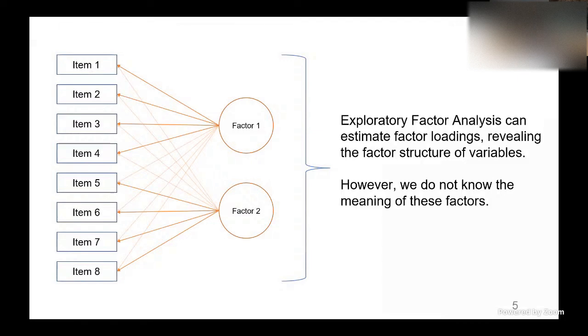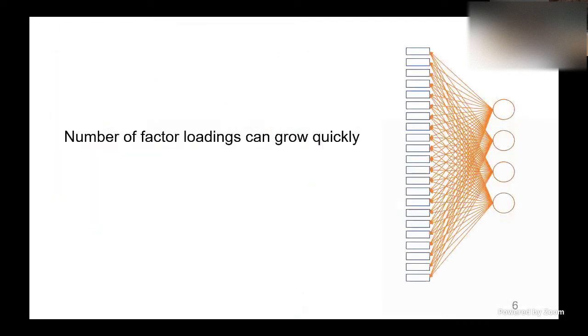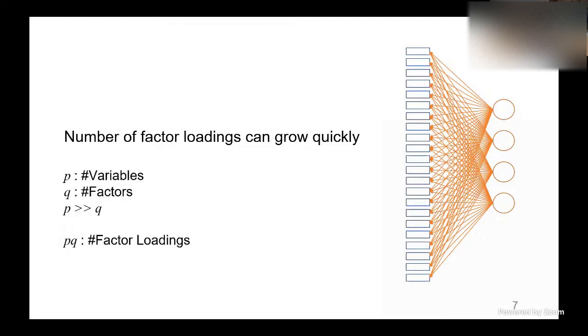This is similar to a situation where we use principal components analysis to extract low-dimensional principal components from high-dimensional data, but we don't really know the meaning of each dimension or each principal component. Second, the number of factor loadings can grow quickly as it is proportional to the number of variables and number of factors. Because the number of variables can be 200 or 300, the number of factor loadings can easily be over 500.